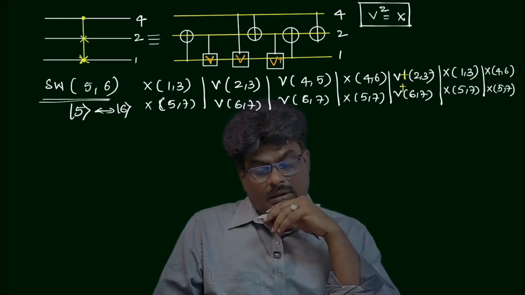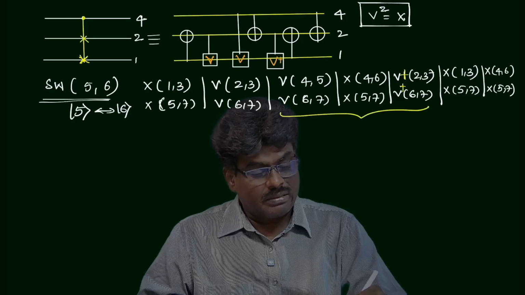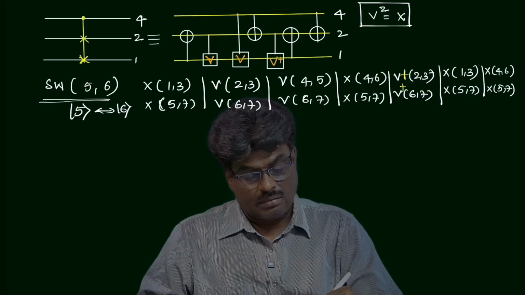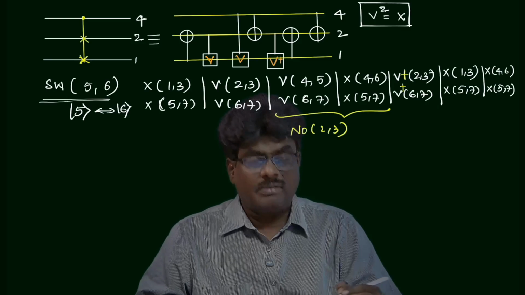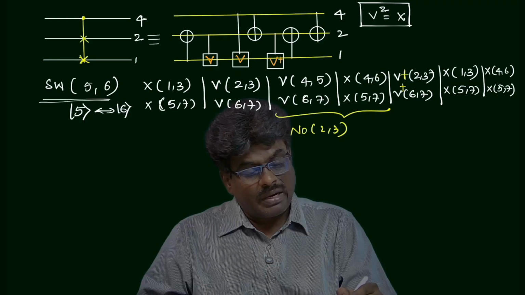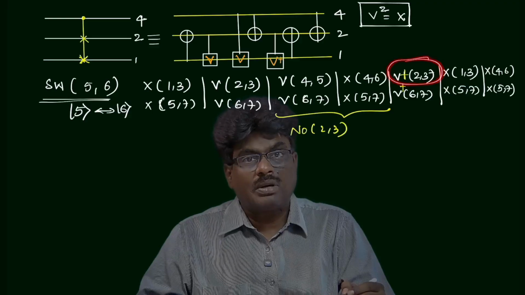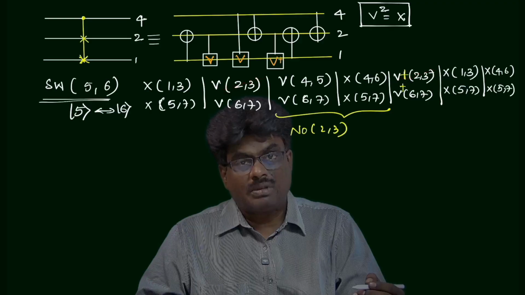Right. Now carefully observe. In this, we don't have 2 comma 3. There is no 2 comma 3. So then you can move this V dagger to this one. You can write this V dagger 2 comma 3 here, and these two will commute.